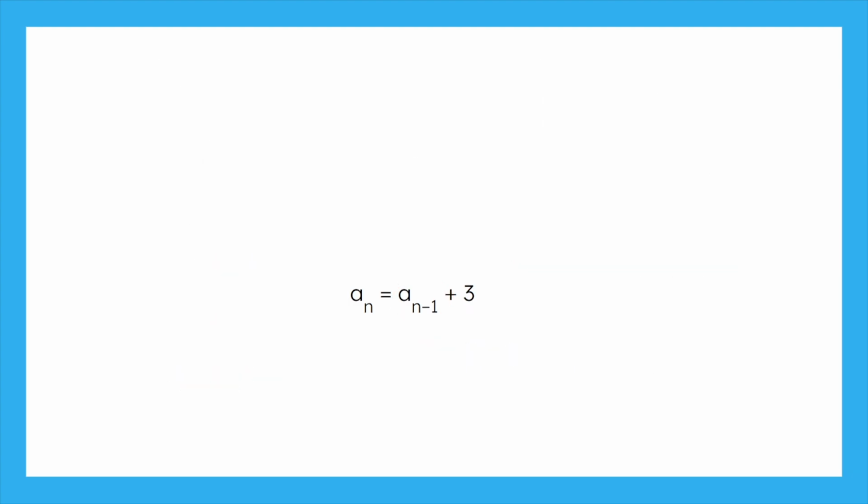So what does this equation actually tell us without the table or sequence to reference? This tells us that to find the value of any term, we should take the term before it and add 3. But is that enough information for someone to know exactly what sequence we're talking about? Or are there other sequences that could also have this same relationship?